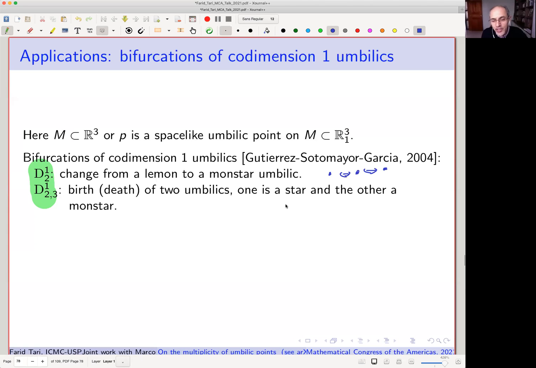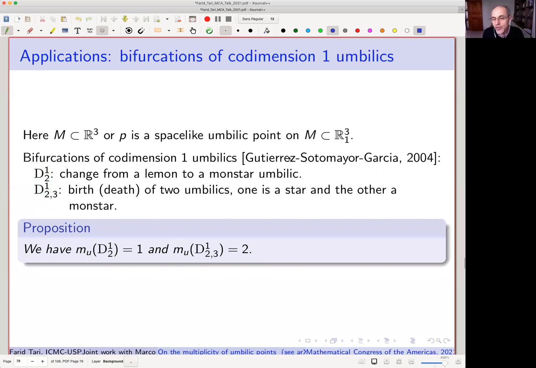In D13, you have a star and a monstar that join together and then go to nothing. So in fact, at this umbilic point, the multiplicity should be 2, no? And at this umbilic point, the multiplicity should be 1. This is what the bifurcation tells us.